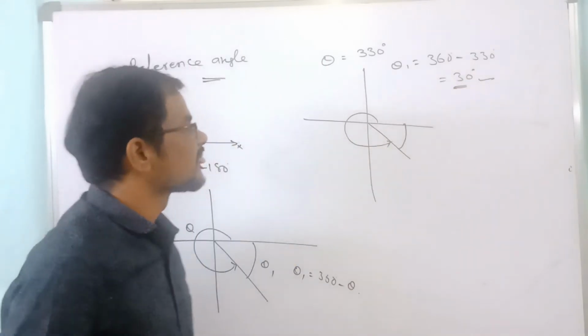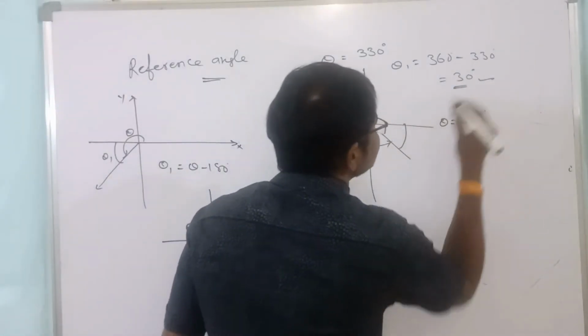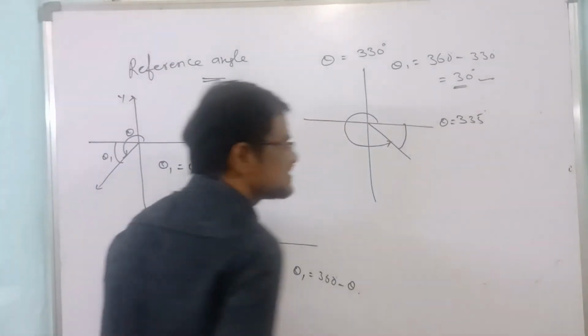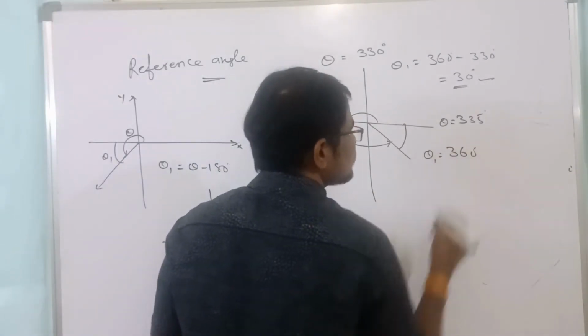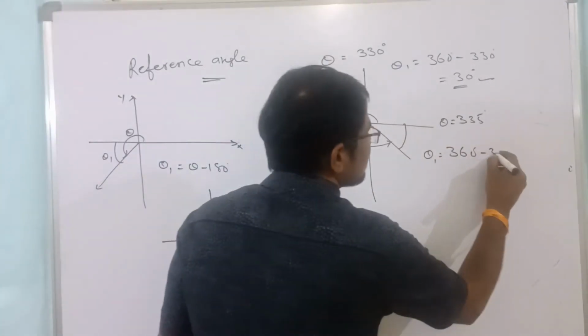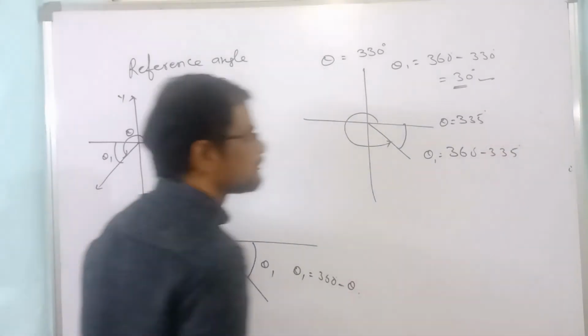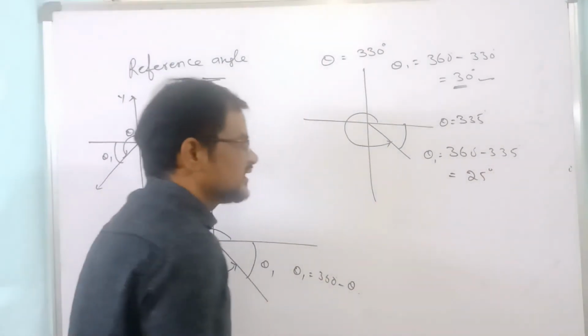30 degrees. Next, suppose 335 is there. So theta 1 equal to 360 minus 335, that is equal to what? 25 degrees, right?